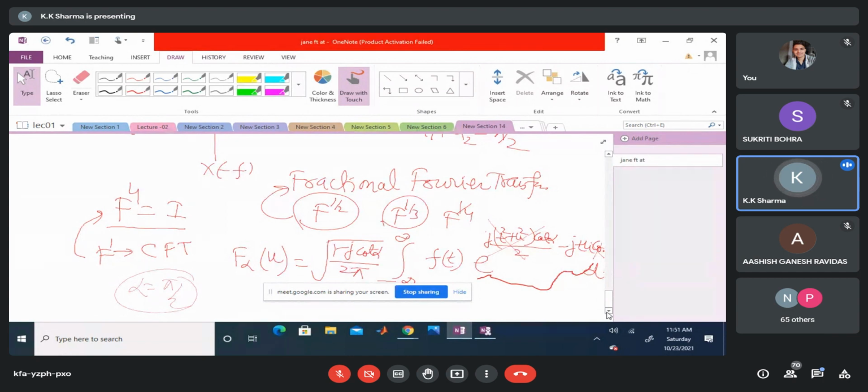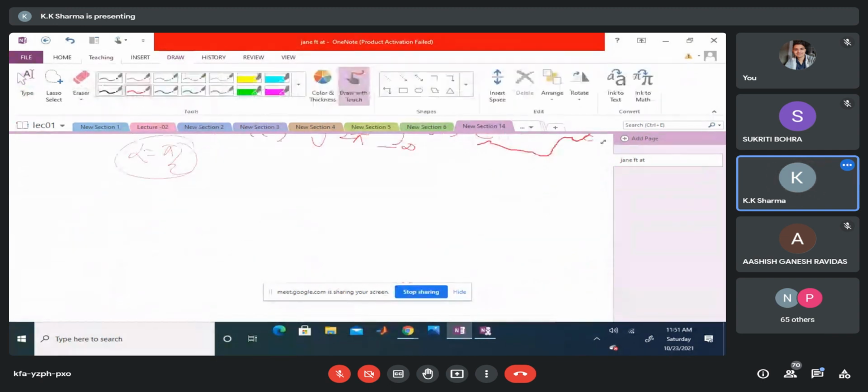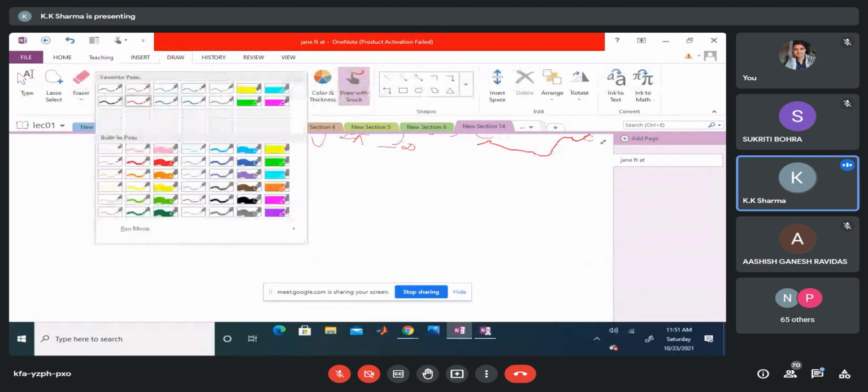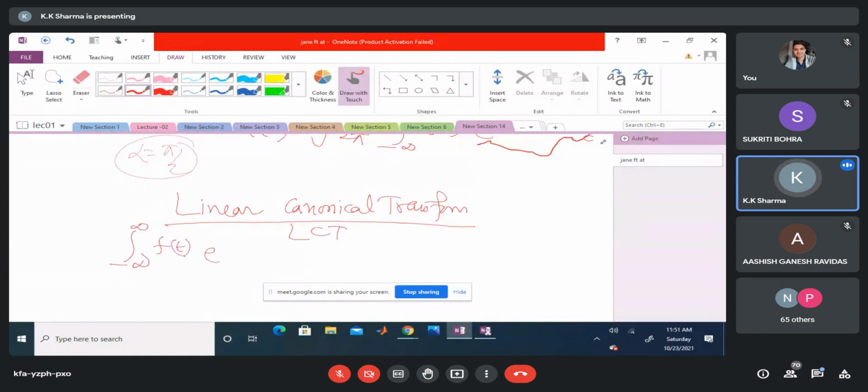Now, one more general transform exists, and that is called the linear canonical transform. This is also not in your course, just for an introduction, LCT. What I am saying is that this will also involve some kernel, e to the power something, dt.